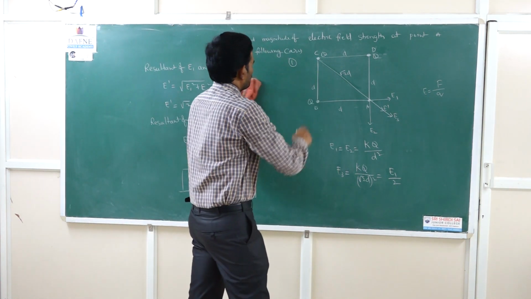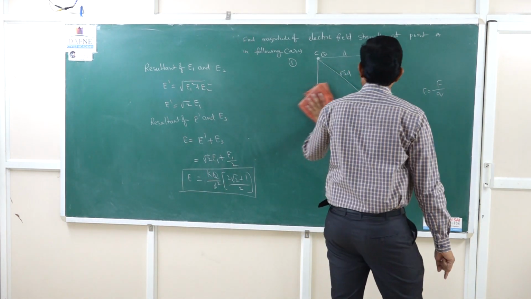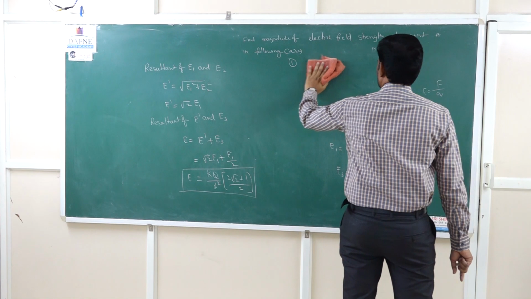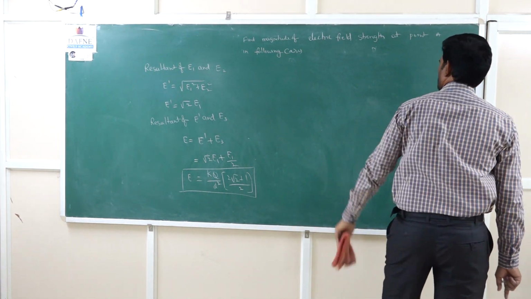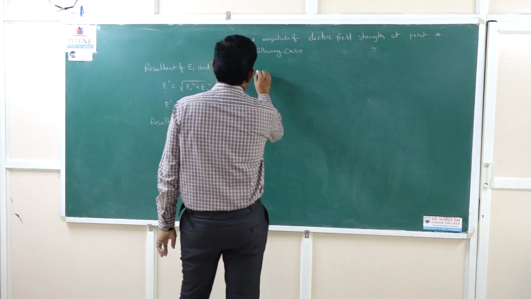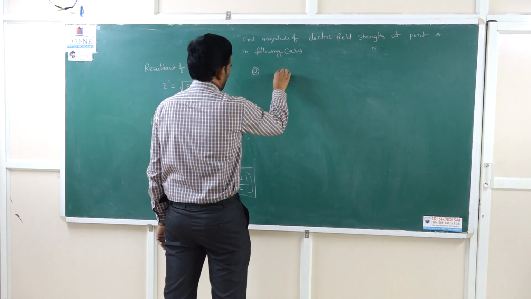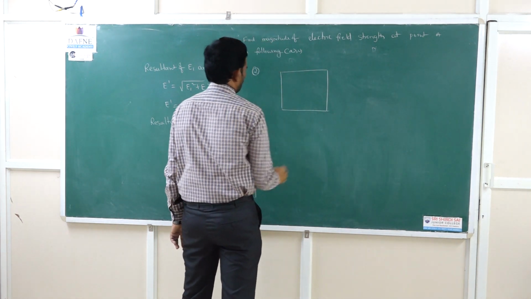So the same question, let us note that another same question. So I am noting this diagram now. So now the second example or second problem. Again I am taking the square configuration.